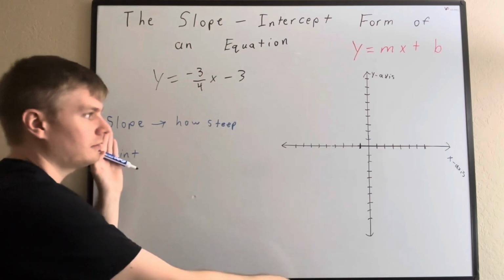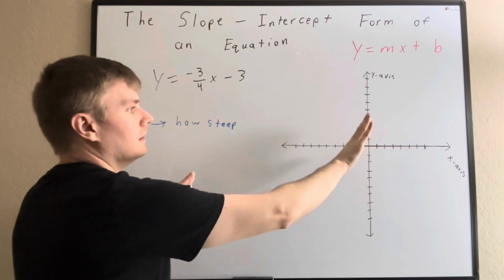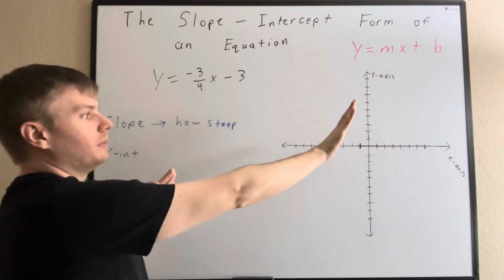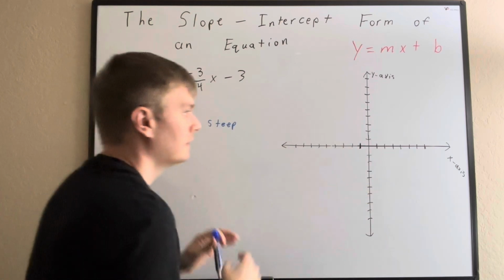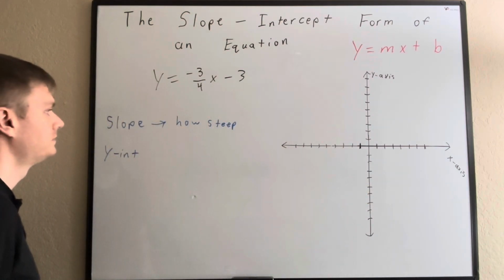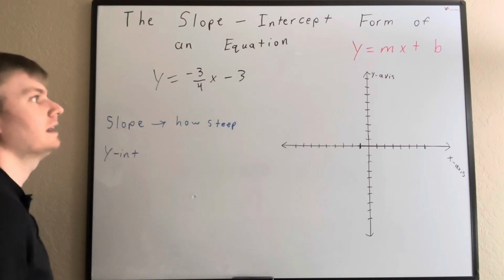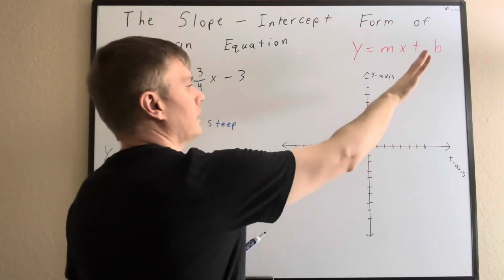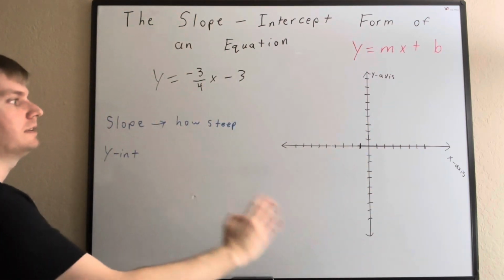It could be going down, it could be going up, it could be really steep, it could be almost flat. But the slope will tell us how steep it is, and if it's going up as we go from left to right, or if it's going down as we go from left to right.